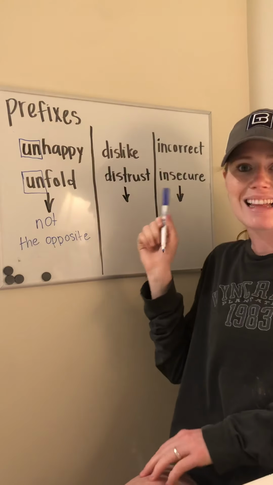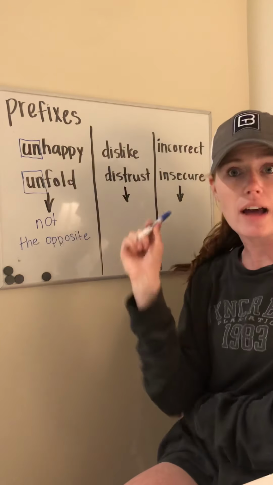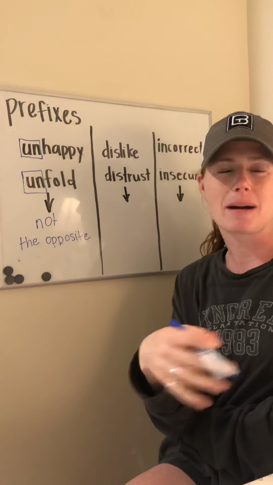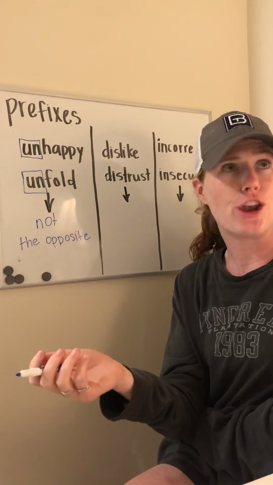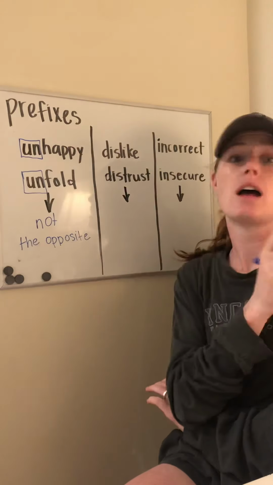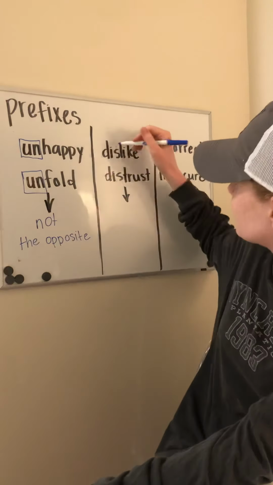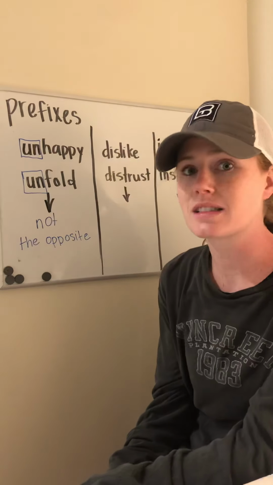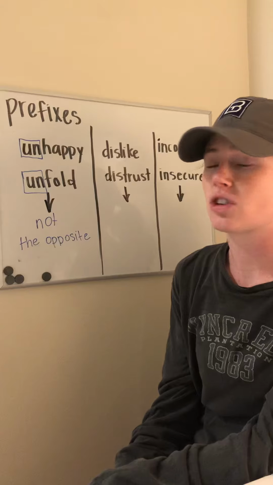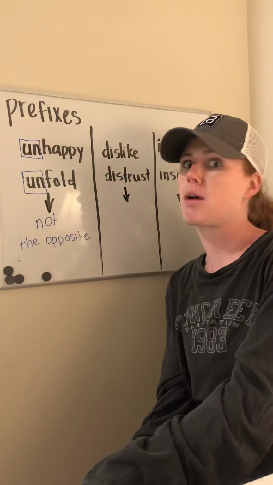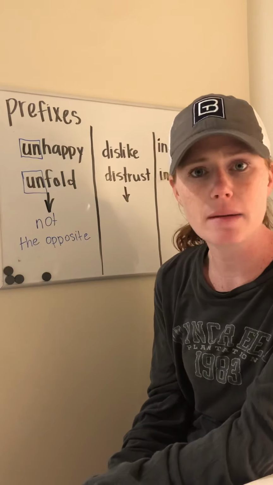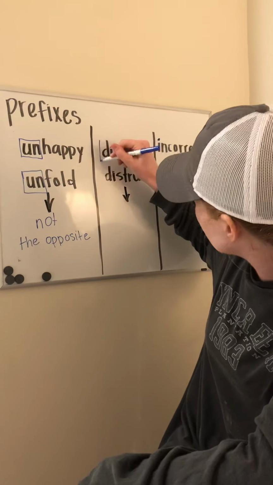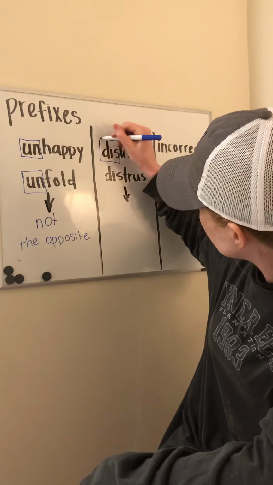What about dislike and distrust? If I dislike Brussels sprouts, am I going to have them every night for dinner? No, because I do not like them. So dislike means I do not like them. What if I distrust someone? If I say I distrust that man who made that promise, am I going to believe him? No, because I do not trust him. So we've decided dis is the same in dislike and distrust.